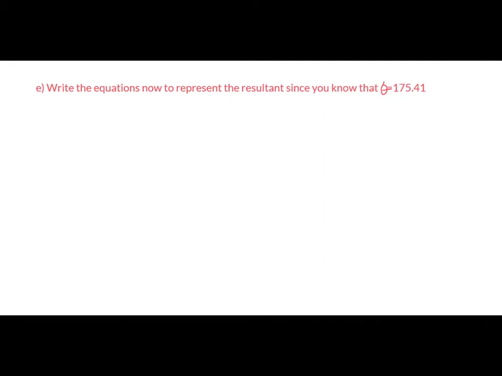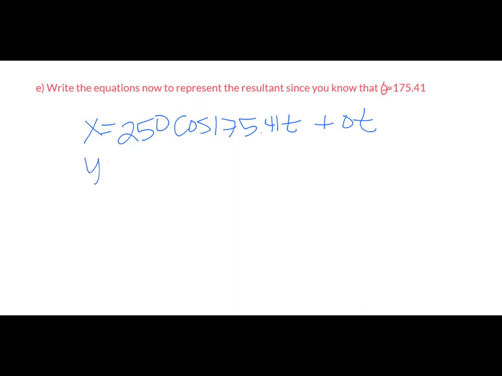Okay, now for E, I'm going to write the equations now to represent the resultant now that I know that theta is 175. So my equations are x equals 250 cosine. Now I can put in the 175.41 degrees plus my 0t, which I don't really need, but y equals 250 sine 175.41 t minus 20t.